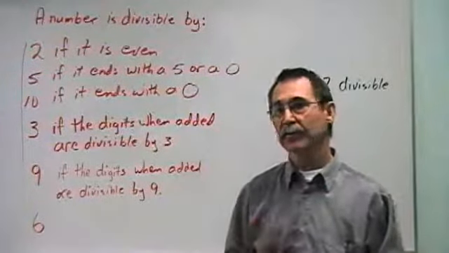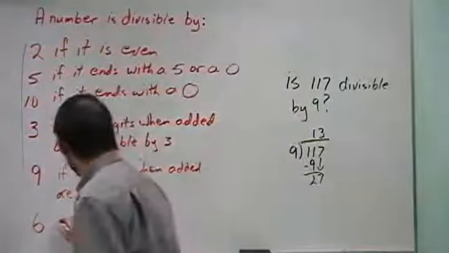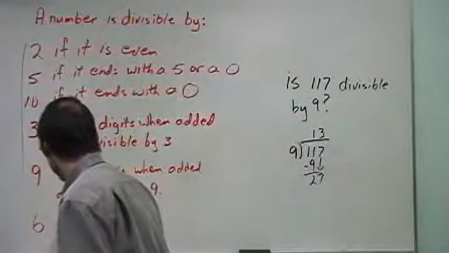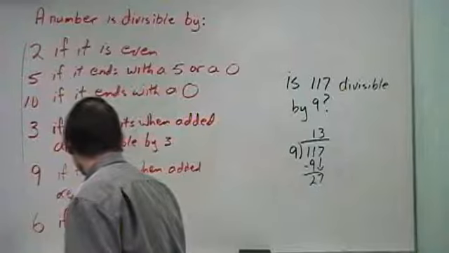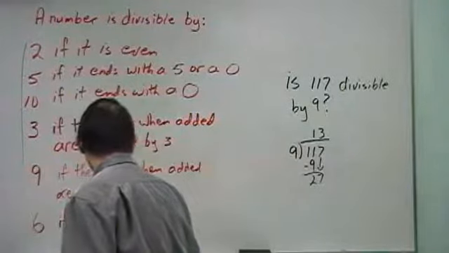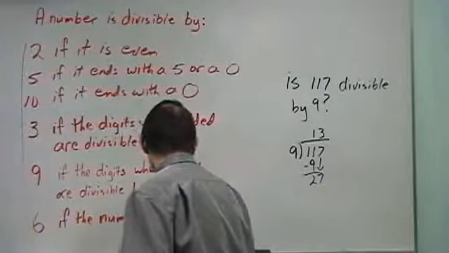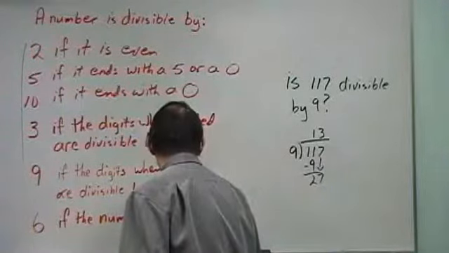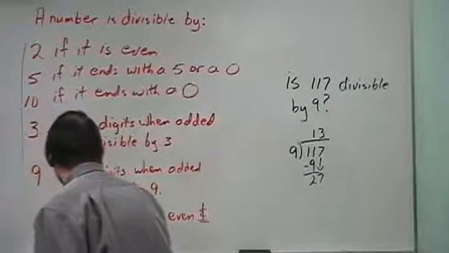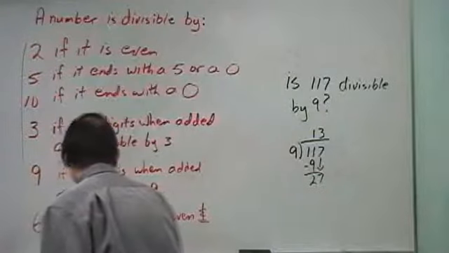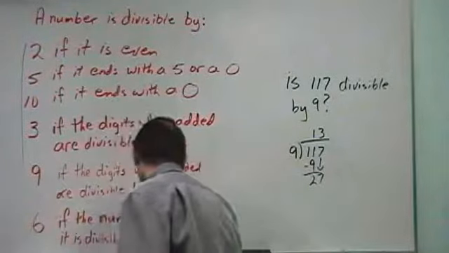And a number is divisible by 6 if the number is even and it is divisible by 3.